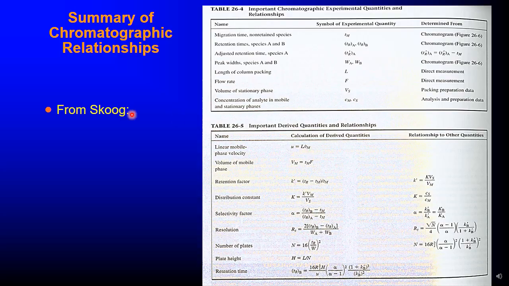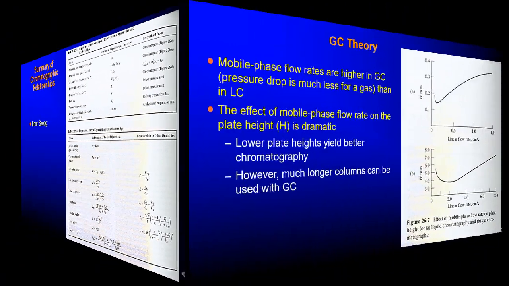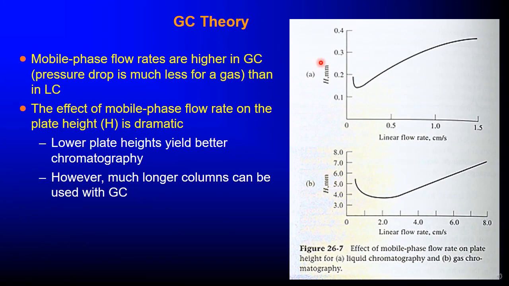These are just some of the major terms that we are going to meet. If you check the table 2.26.4, there are a lot of terms and a lot of relationships. Then we have the theory.